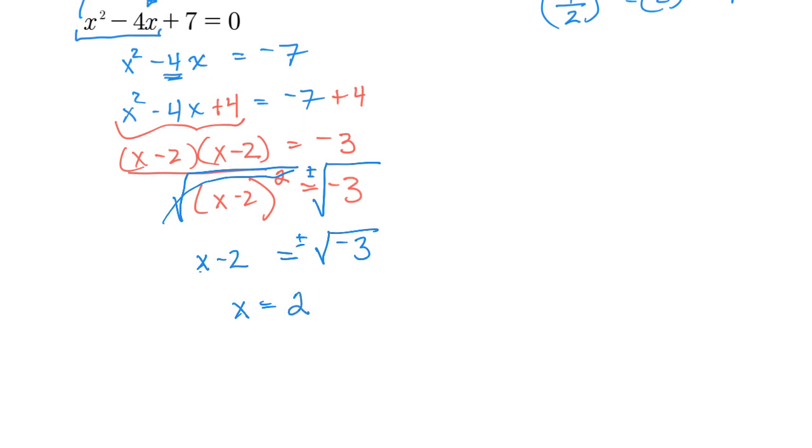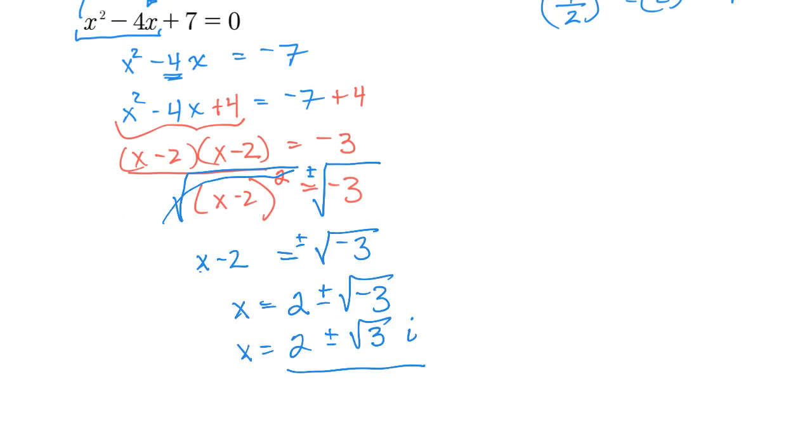And then I put plus or minus square root of negative 3. Looking pretty good. If you remember your complex numbers, anytime I have a negative under a square root, I get rid of the negative and just put an i at the end. If you had done this with the quadratic formula, you would have got the same answer.